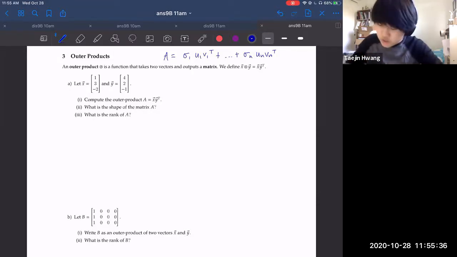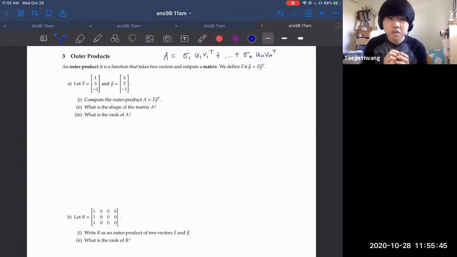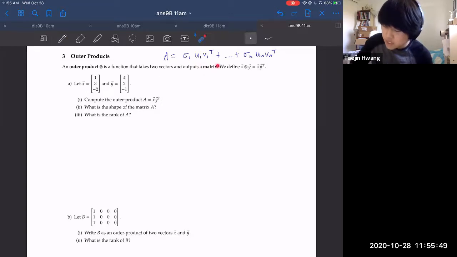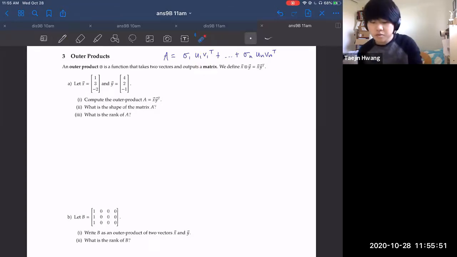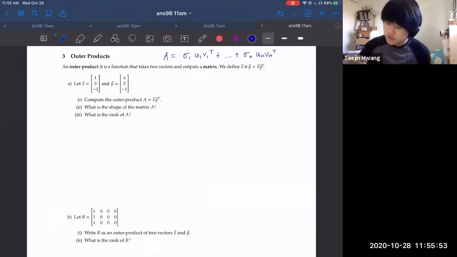So the outer product is another way to multiply vectors. Remember how the inner product was one way to multiply them? But the outer product is different because it takes two vectors and outputs a matrix, whereas the inner product gave a scalar. And I think we use this cross notation for the outer product, though I don't think we'll see much of it in this class.